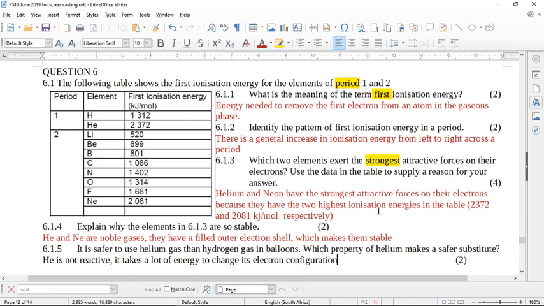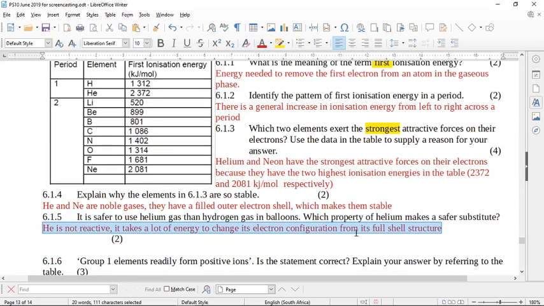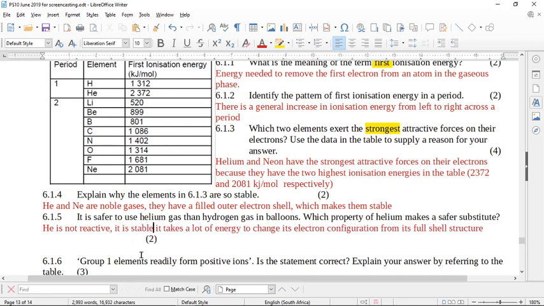So helium is safer, it takes a lot of energy to change its electron configuration from its full shell structure, something like that. Mention that you know that helium is not going to react. It's stable. Not reactive or stable are two words that you can use to indicate non-reactivity.